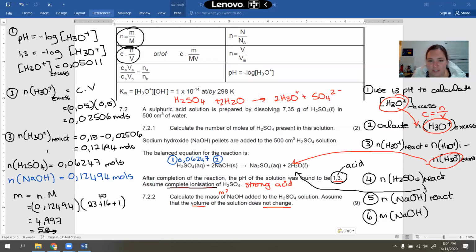Okay, so it's the idea that each one of these produces 2 hydroniums. So each sulfuric acid molecule produces 2 hydronium ions. So therefore, if I know that I have got 0.12494 of these in a ratio of 2 parts to 1 part, then I must take this, divide it by 2 to get 1 part, and times it.